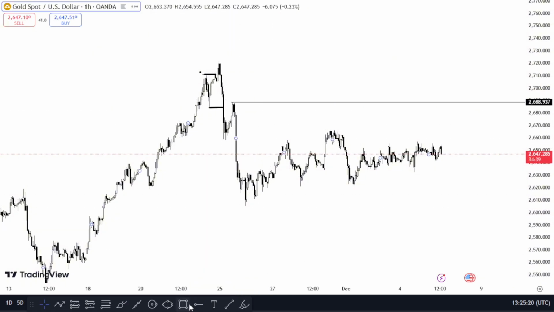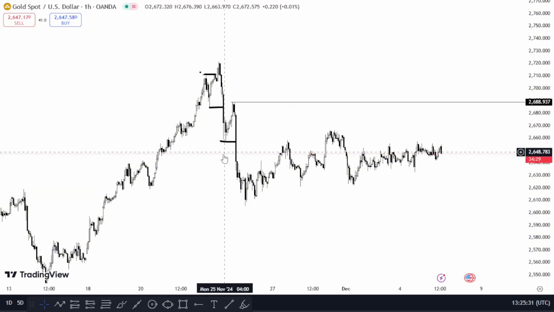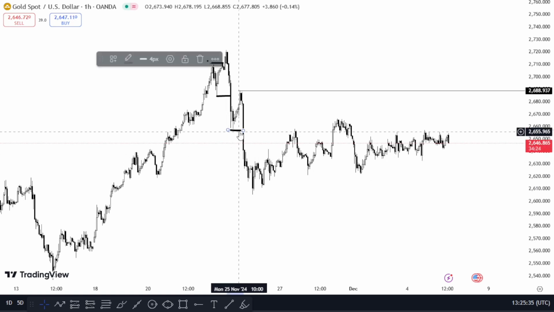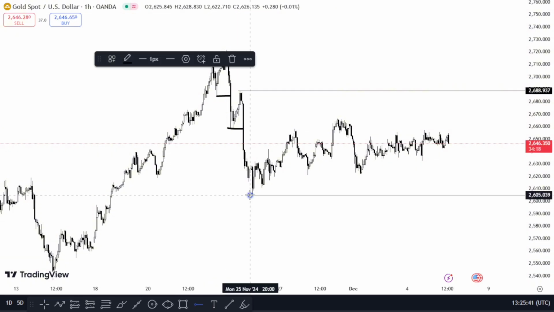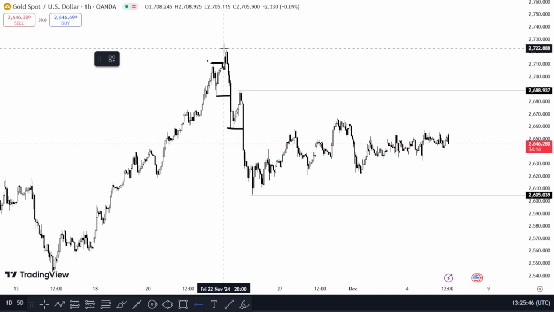Right now we have our second break of structure, which is right here. That is really cool. So what are we looking at on gold? I'll be waiting for gold to push to that area so that I can look for sales.